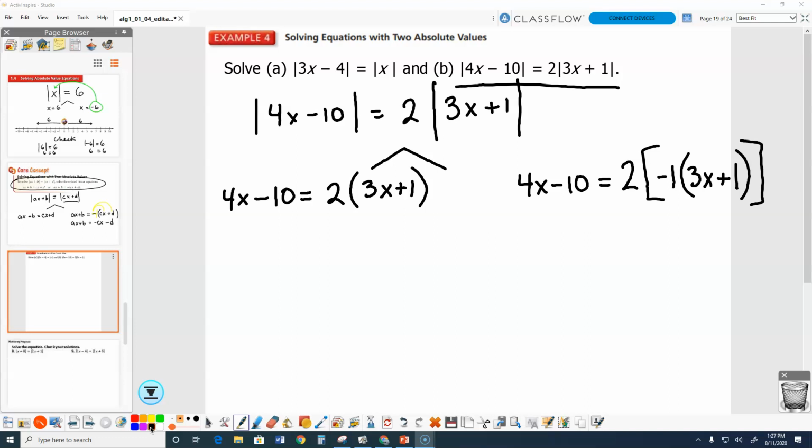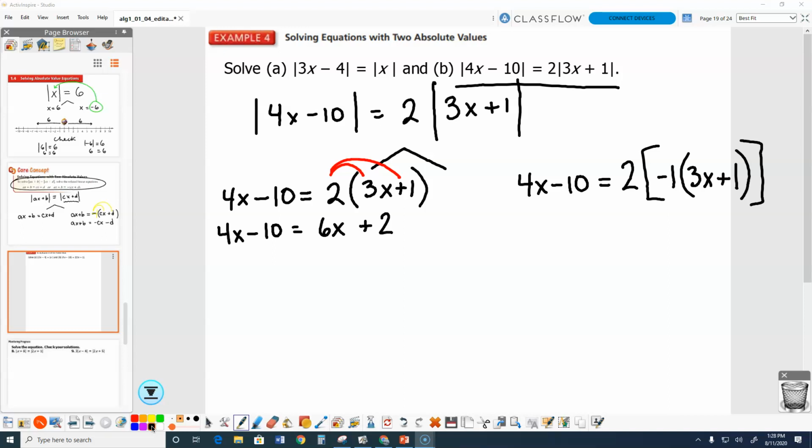Let's just go ahead first and take care of our first equation, because that's fairly simple to do. Remember, I just need to use the distributive property right there. So this side doesn't change at all. 4x minus 10 is equal to, all right, 2 times 3x is going to be 6x. 2 times 1 is 2. And I want to get all of my numbers on one side, all of my letters on the other side.